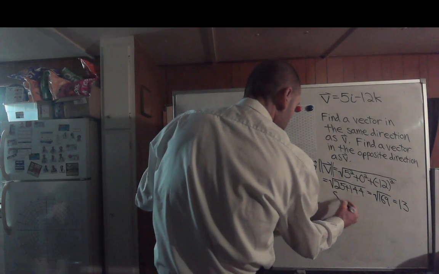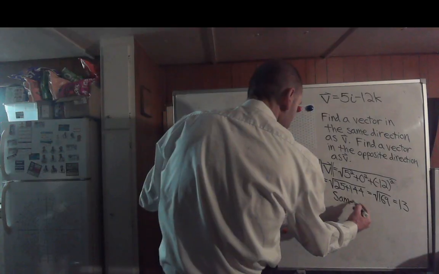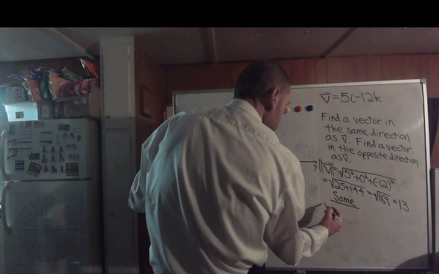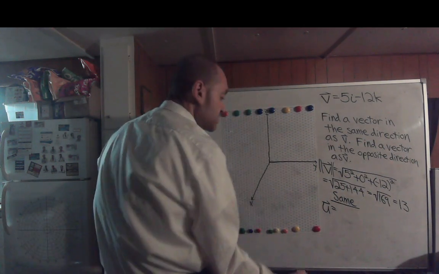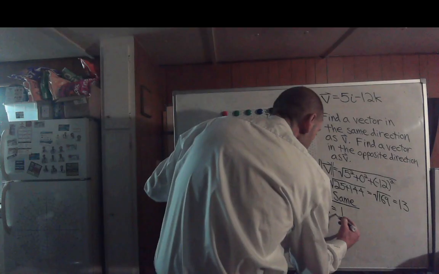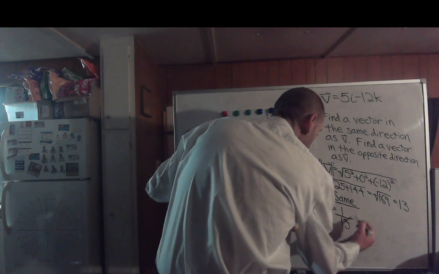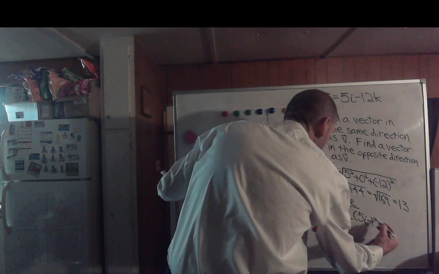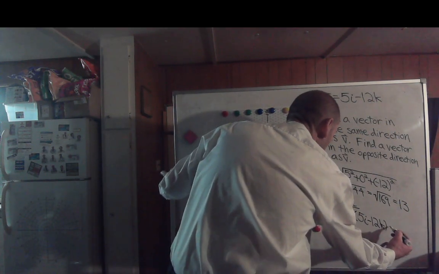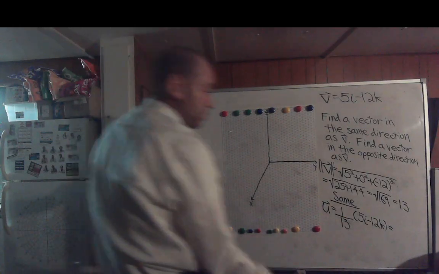So now if we're going to go in the same direction, we're going to say vector u equals 1 divided by that magnitude of 13 times my 5i minus 12k, which all I have to do is distribute that 1/13.